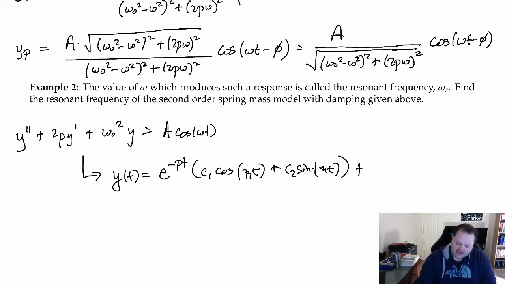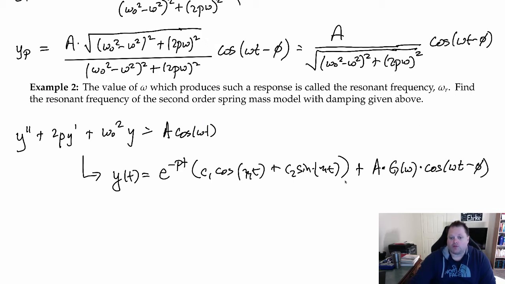Plus A times, if you look, I've got 1 over this thing. I'm going to call that a function of omega, because remember, we would know omega naught and we would know p because they are part of the oscillator. What we're looking to vary in this problem is omega, because in this example we're looking at the value of omega which produces the largest amplitude response. And so I'm just going to call this g of omega here for just a second, and we're going to define what it is, times cosine omega t minus phi.